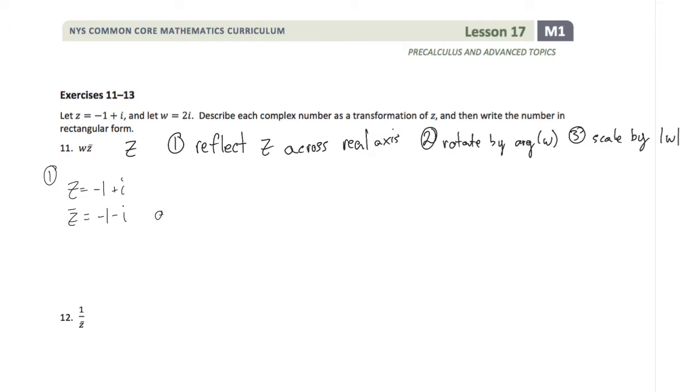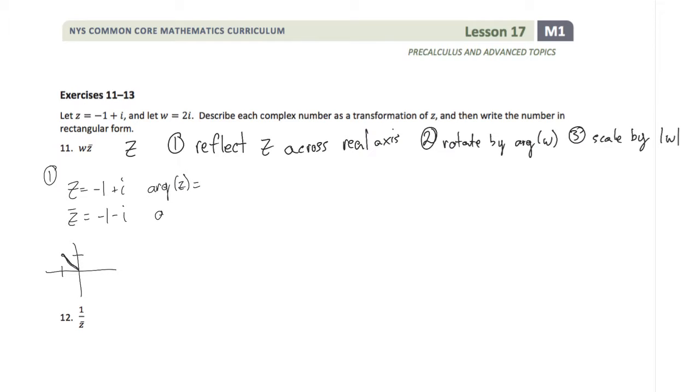Well, the arg of Z is equal to, let's look at this. If I'm at -1, +1, I'm right there. I know I have a 45-45 triangle since the coefficients of both the real and imaginary part are the same.